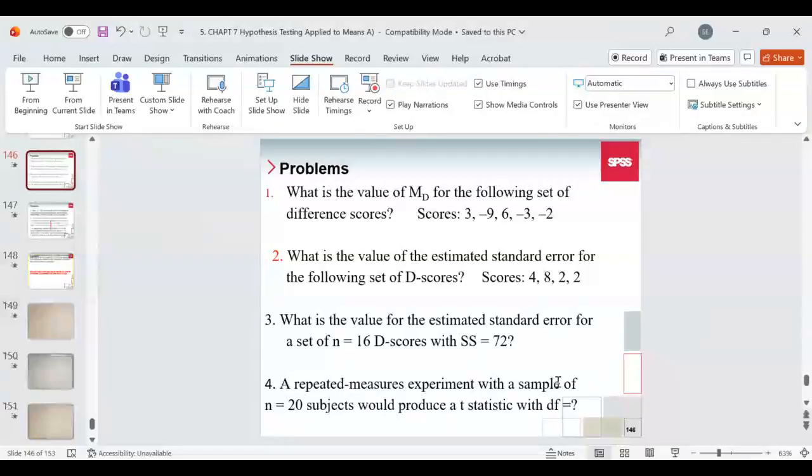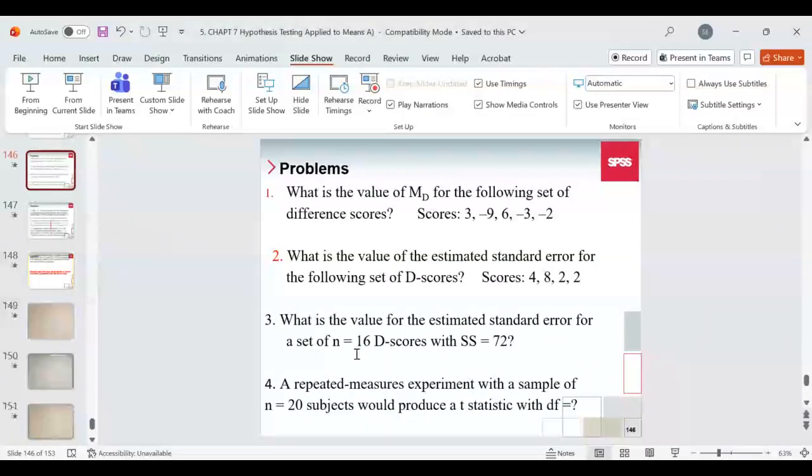What's the value of estimated standard error? Now this one, number 3, you have everything. You have an SS already calculated for you, so you need to know the variance. Variance is SS over DF. 72 divided by 15.